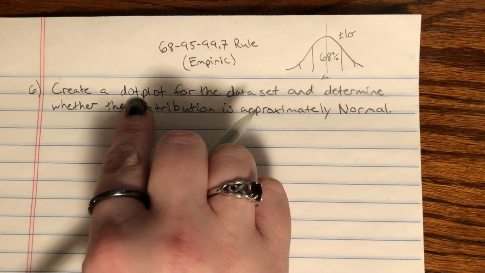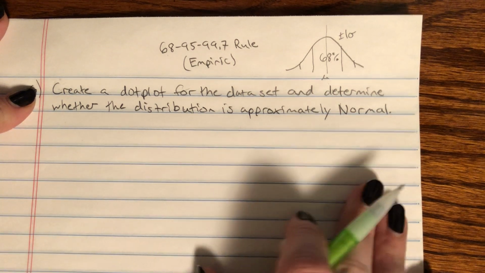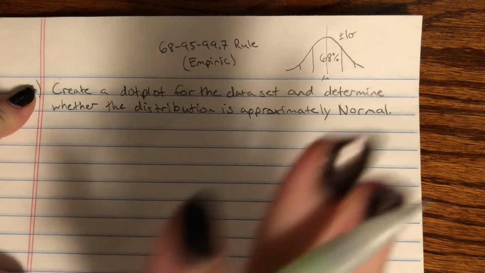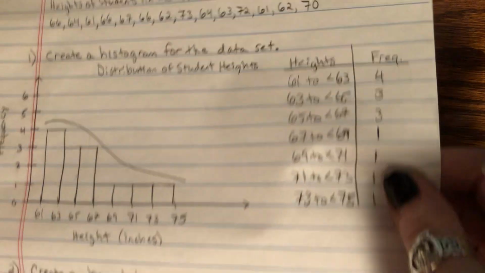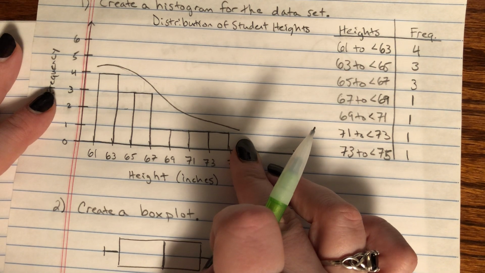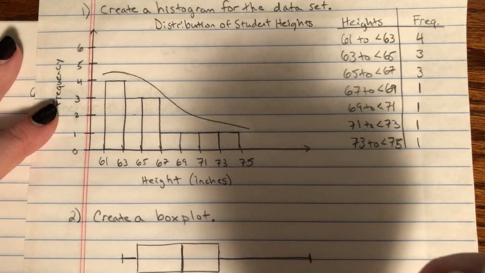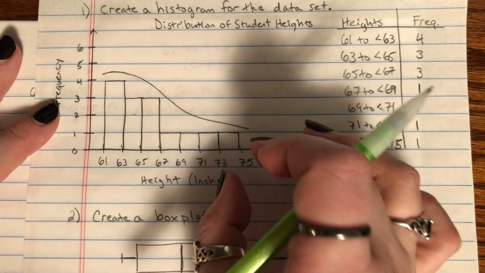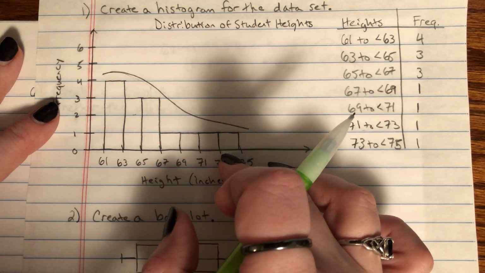Now, what we're going to do is create a dot plot. I'm still going to go through the process of actually doing the calculations to see if it could be approximately normal. However, remember what I said towards the beginning. This is not single-peaked bell-shaped. It's right skewed. It's very much not symmetric. So right there, you already know that it can't possibly be a normal distribution.